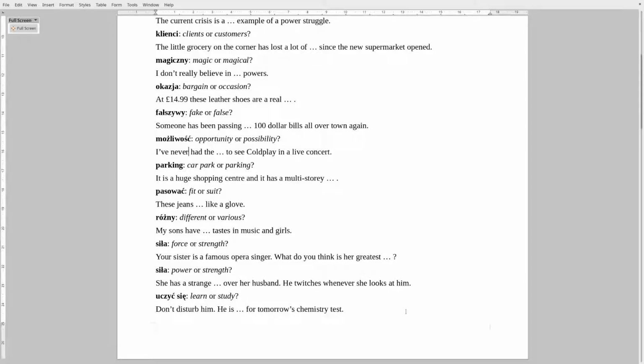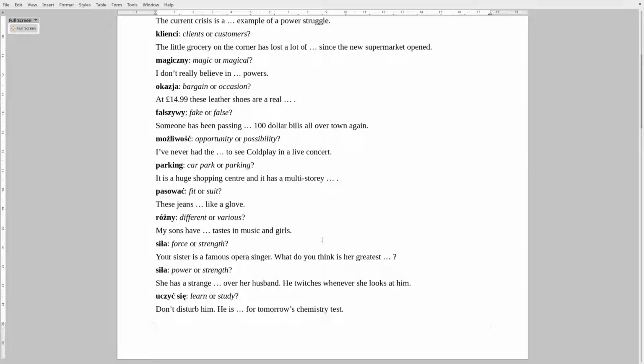Parking, car park or parking. It is a huge shopping center and it has a multi-story car park, right? So parking is an uncountable noun which generally refers to just the possibility of parking or an area where you can park, but it's more abstract than a car park.